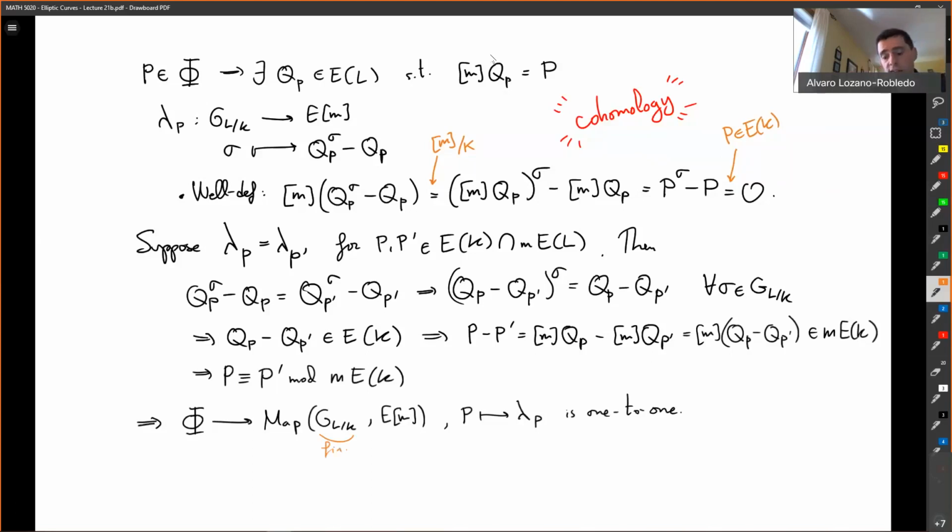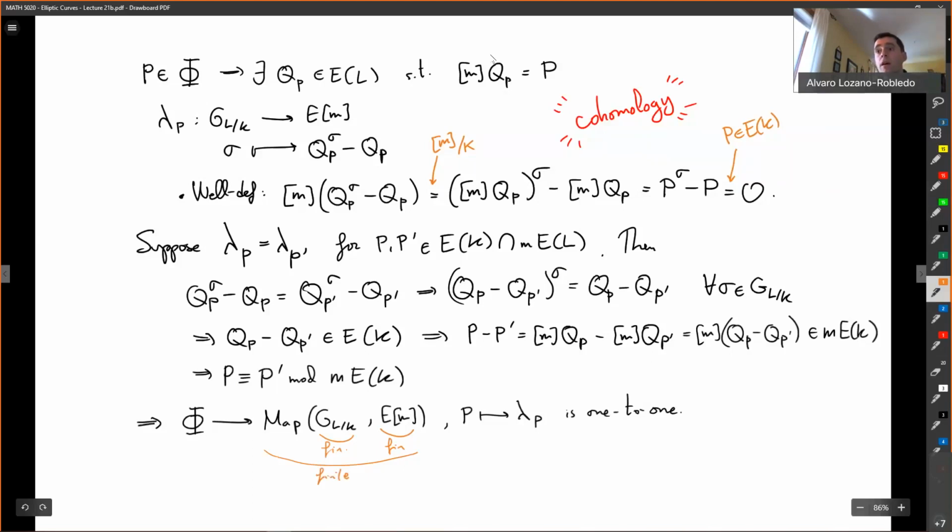It's a finite Galois extension, so the Galois group is finite. This is finite, of size m squared, and therefore the set of possible maps from a finite set to a finite set is just a finite set itself.